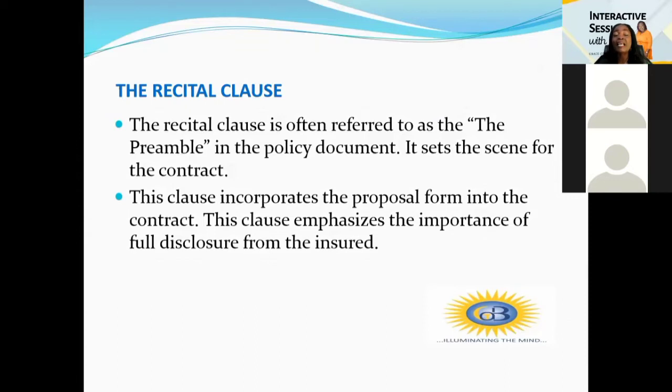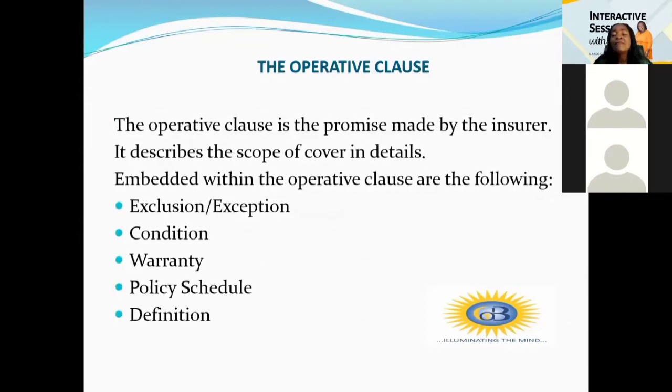It also incorporates the proposal form into the contract, bringing forth its premise on the information that is provided by the insured through the policy document. So when you hear about the recital clause, just know that it is the preamble, the introductory aspect of the policy document. Now we move to the operative clause.